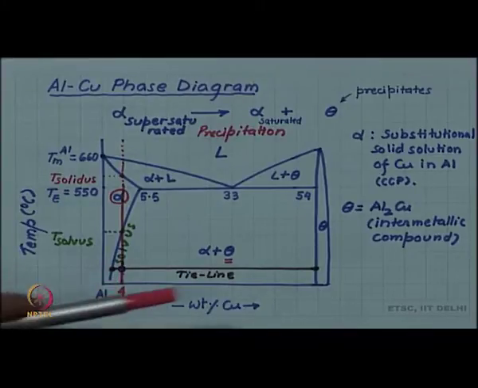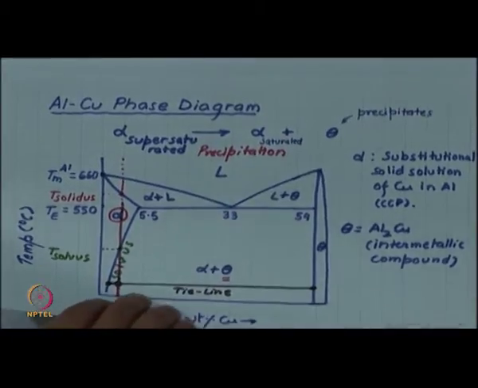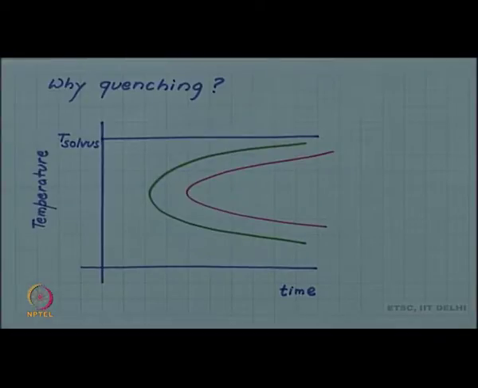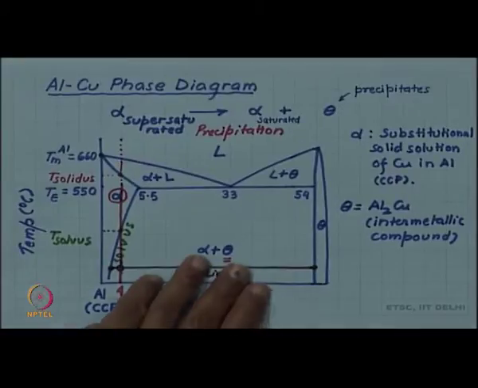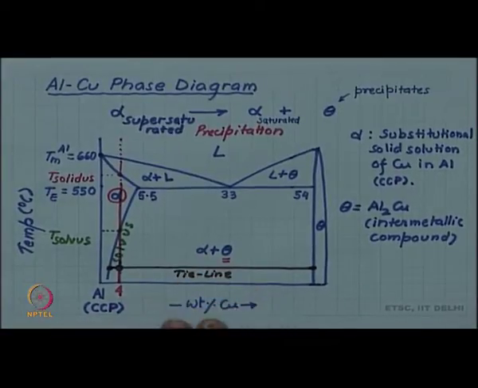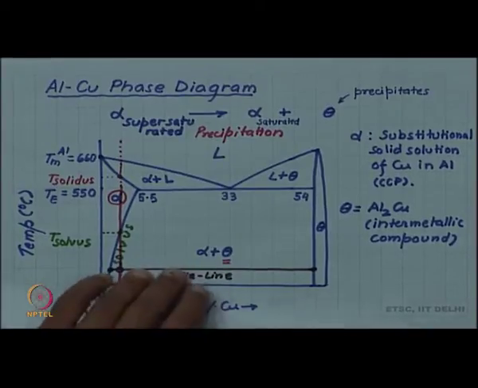So, then it gives you a new precipitation reaction, and that is what is happening during the precipitation age hardening. So, these precipitates which are forming create an obstacle to dislocation motion and create hardening.